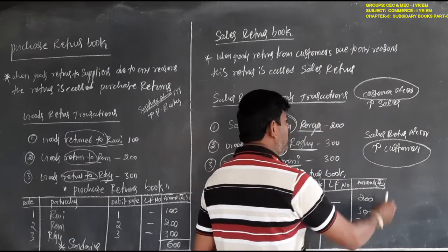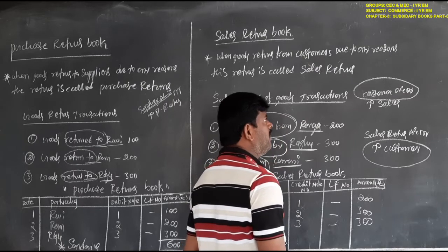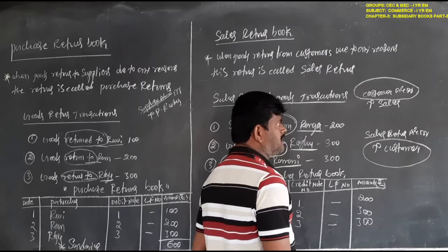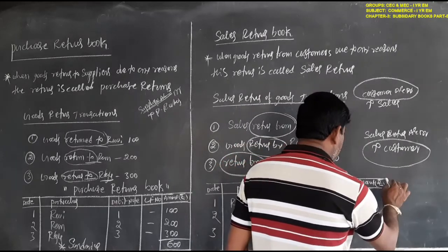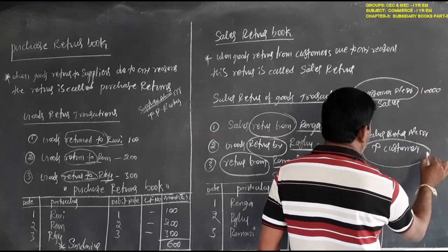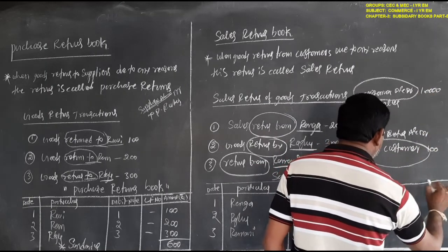So when you credit the same account name, that much amount will be reduced from the customer account. See here, 10,000 rupees is there. Here 100 rupees is there. You draw the customer account.